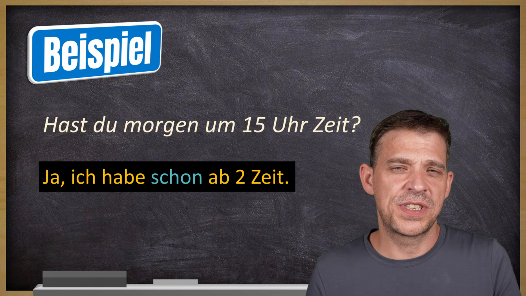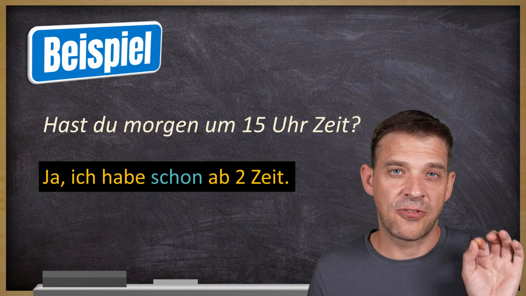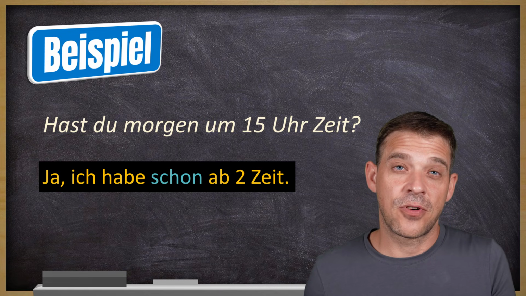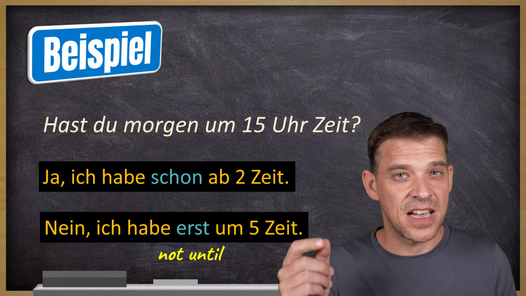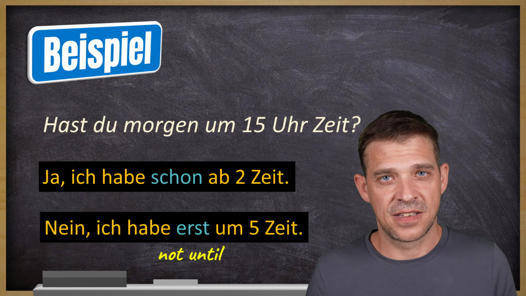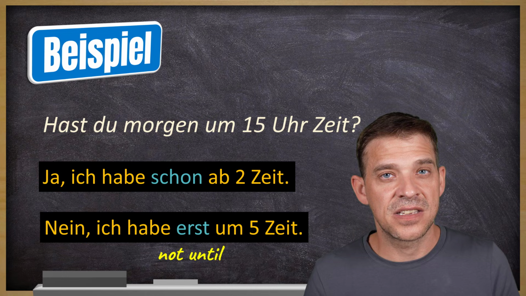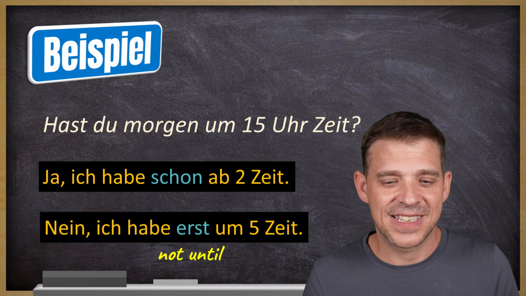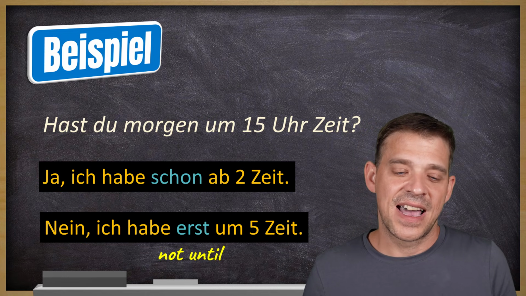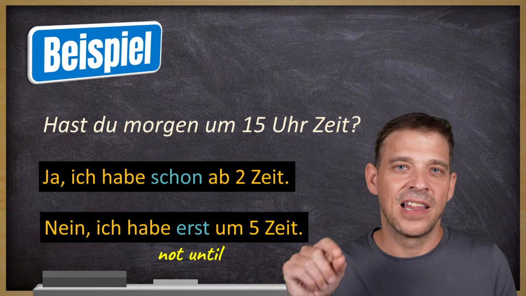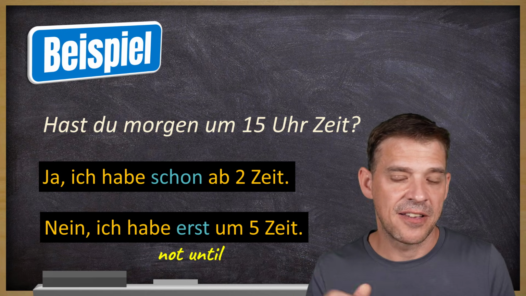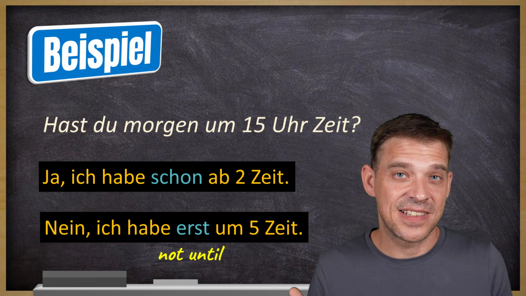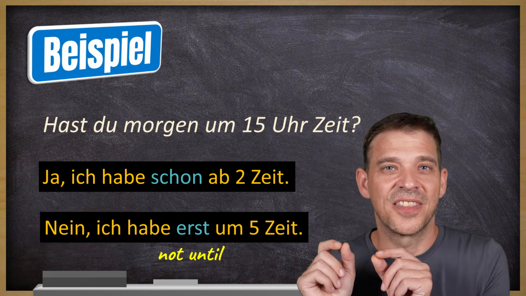But if you don't have time at 3 or before, you most probably will use a sentence like this: Nein, ich habe erst 5 Zeit. No, I don't have time until 5. And here you see this erst is translated more like not until.